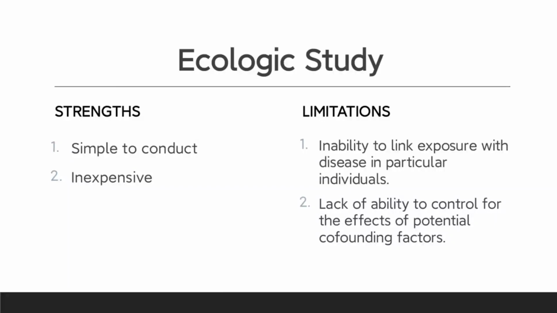So, since this is already a group, the main problem is that it cannot describe a single individual. There is also a lack of ability to control for the effects of potential confounding factors.